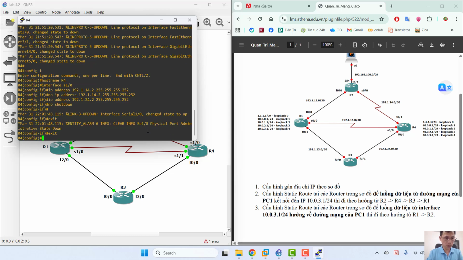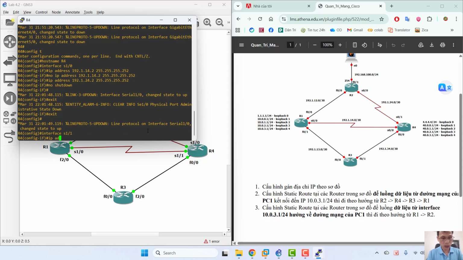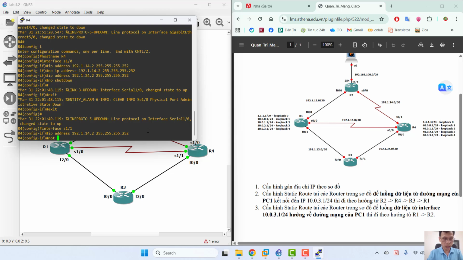Okay, access interface S1/1, IP address 1.14.2, 255.255.255.252. Enter. No shutdown.